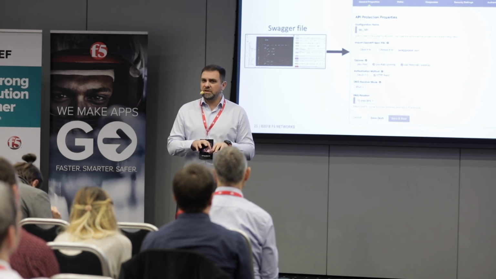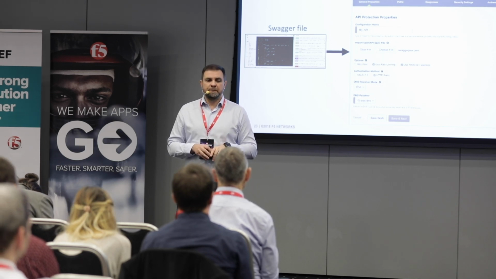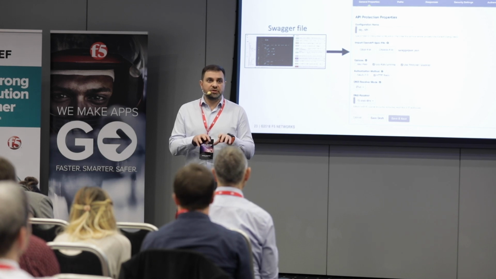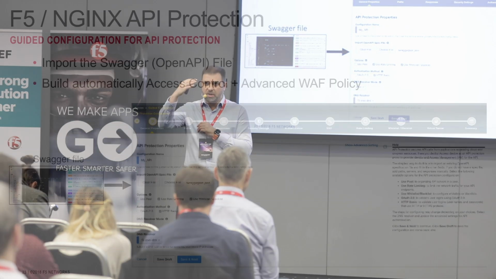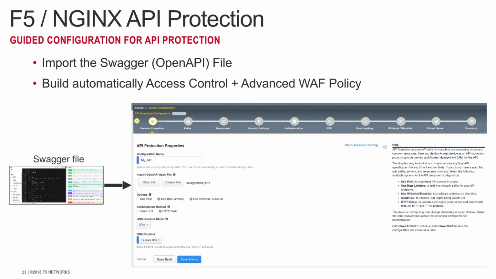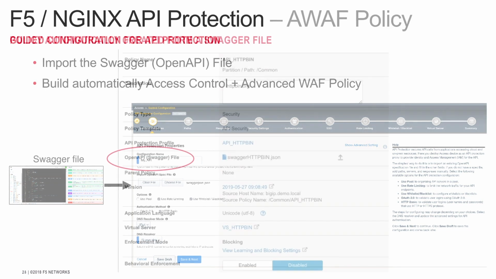For them, this is a really simple way to generate a Swagger file for you. Then you will have a declarative definition of the developer's API, and you can simply import it to the BIG-IP.